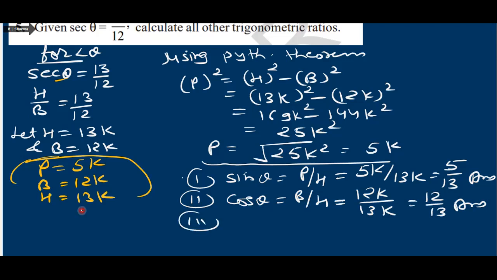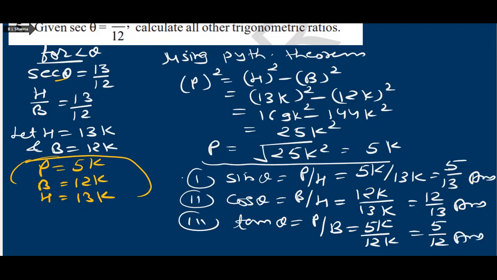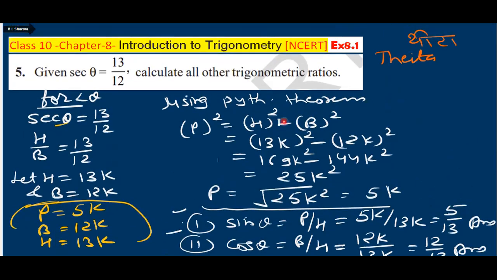Third is tan theta, that is perpendicular upon base. Perpendicular is 5K and base is 12K. So 5K upon 12K, K and K cancel, that is 5/12, answer. And one, we have got sine, cos, tan.